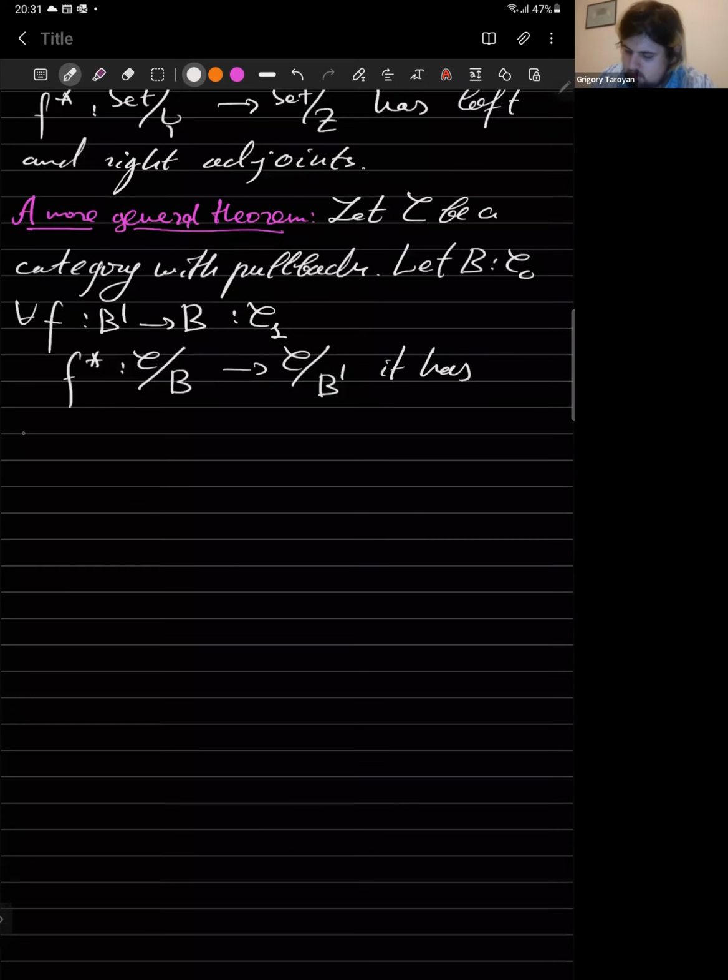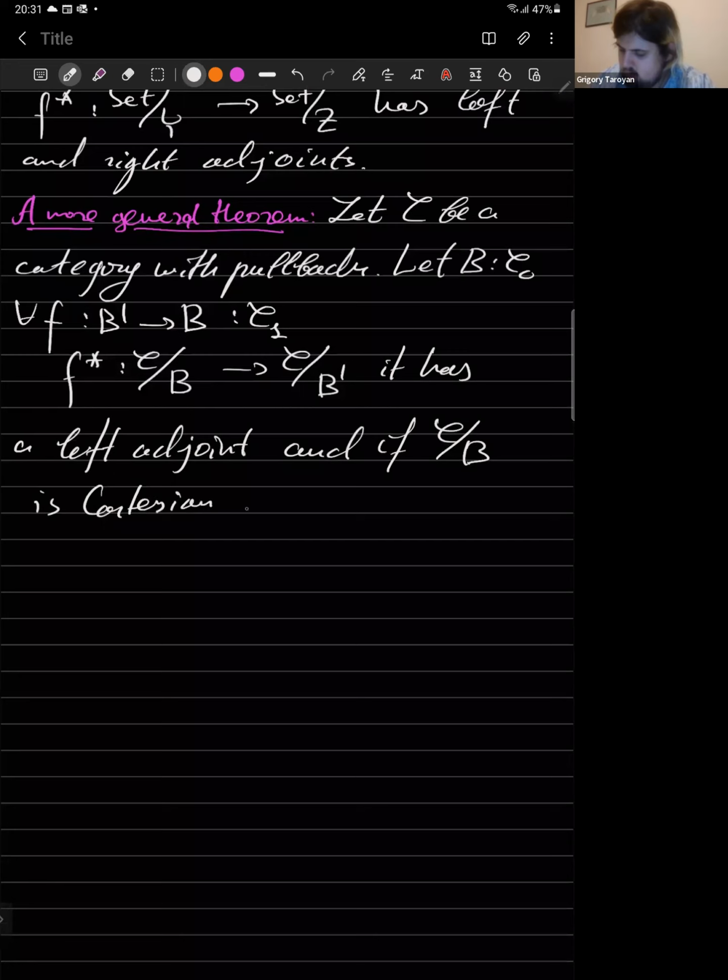It has a left adjoint, and if C over B is Cartesian closed, then it has a right adjoint.